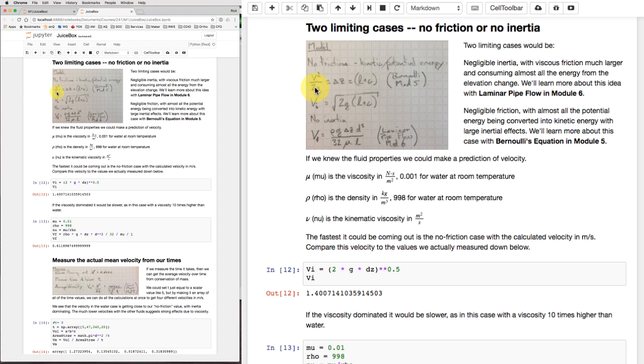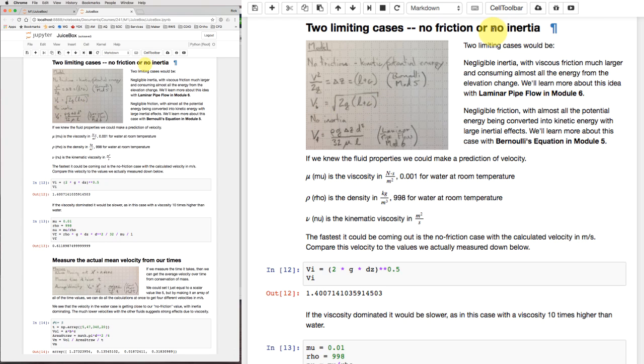And that'll give us a way to calculate the velocity if we just had the inertia being important, no friction being important. So don't worry too much about what's behind this. Just recognize that this is kinetic energy and we're turning all the potential energy into kinetic energy, and that gives us this equation if we only considered the inertial forces.